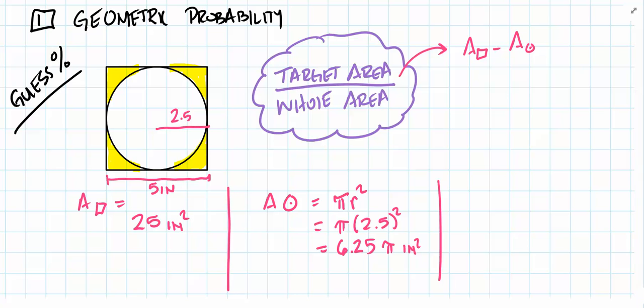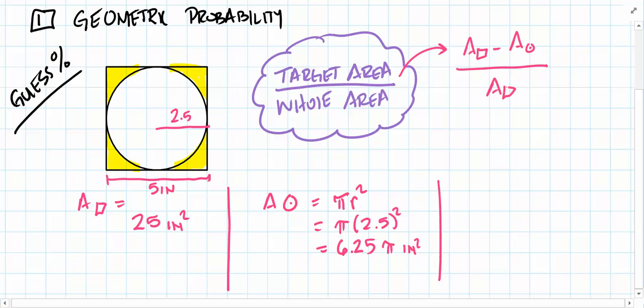And we're going to divide it by the whole area, which is the area of the square. So our probability is area of the square minus area of the circle, divided by area of the square. Do we know answers for these two things? Yeah, we just figured them out.